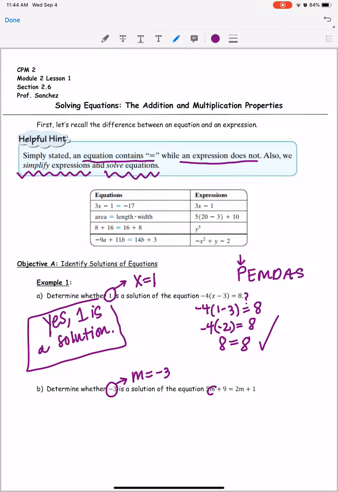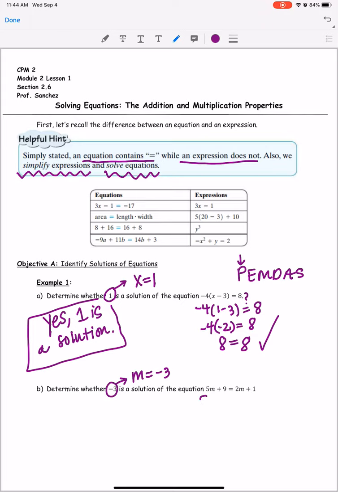Because we have an m in both places, I am putting this -3 into both of these. So substitute these in, and again, I want to make sure, does this side equal this side here? If they equal each other, then yes.